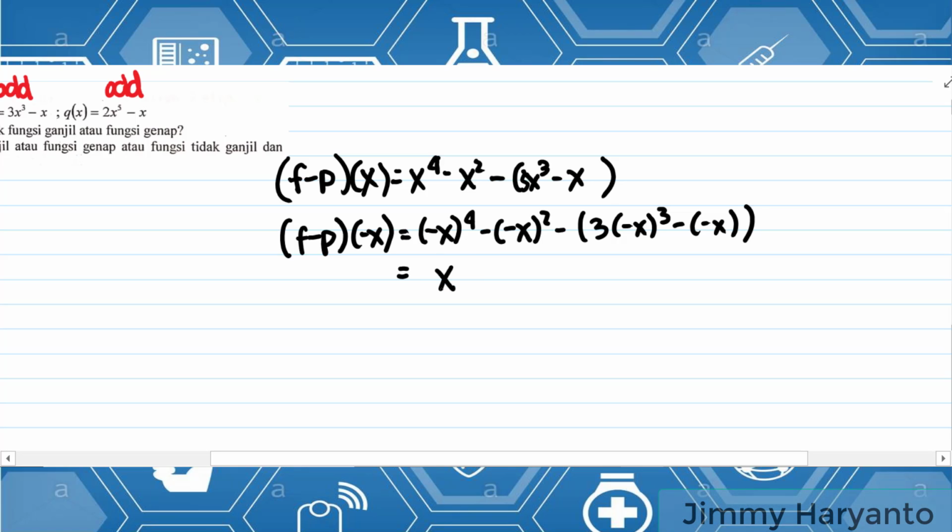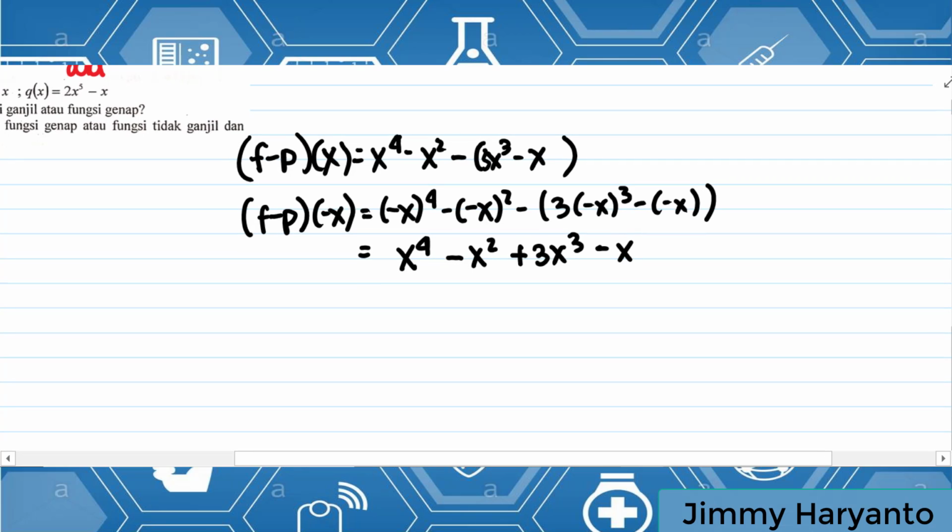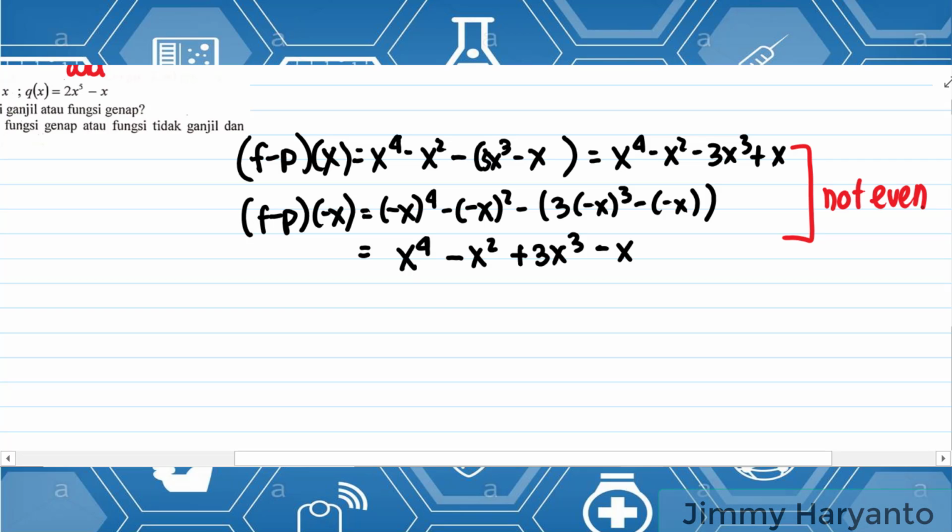So the result will be x^4 minus x^2, minus, so plus 3x cubed, and then minus x. Simplify first, so it becomes x^4 minus x^2 minus 3x cubed plus x. Okay, this one is different, so it will not be even.